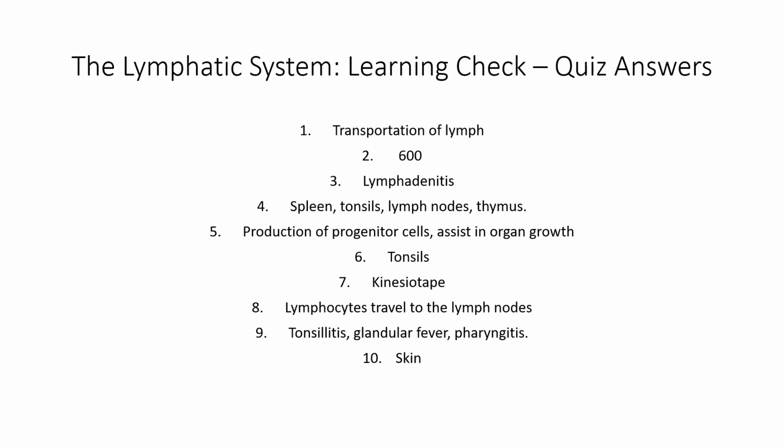Number 6 is tonsils. Number 7 is kinesiotape. Number 8, lymphocytes travel to the lymph nodes. Number 9, tonsillitis, glandular fever and pharyngitis. And number 10 is the skin.